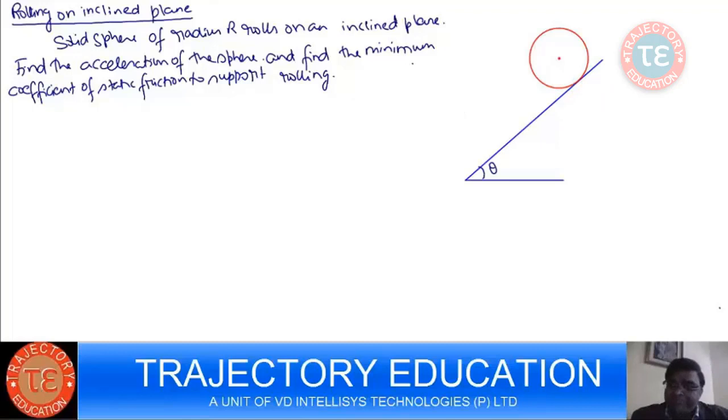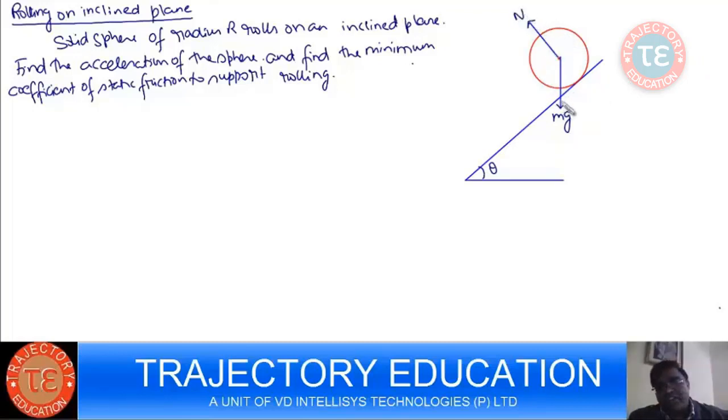Now the forces which I can apply over here: one is the gravitational force which will act, and since the motion of this sphere is constrained to the inclined plane, there will be a normal reaction also.